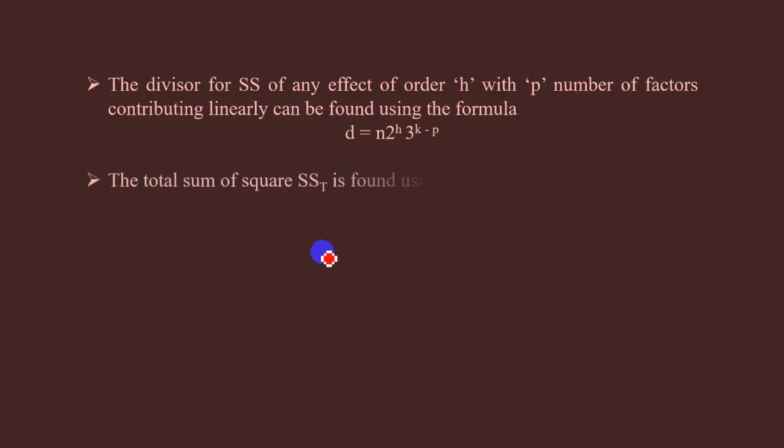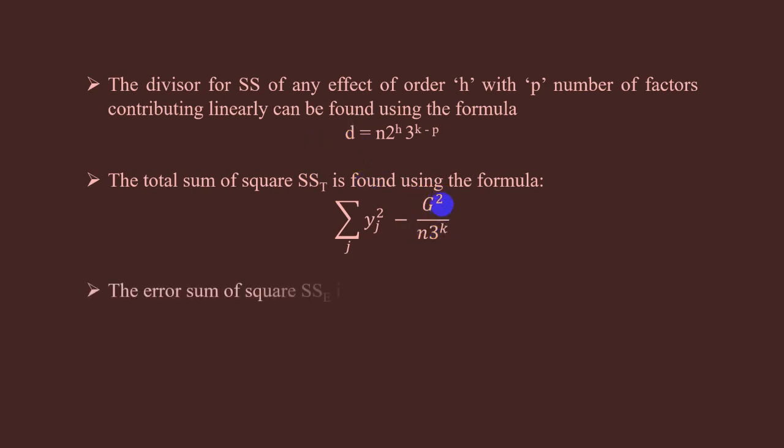The total sum of square is computed as usual using the formula sum of square of all the observations minus the correction factor. Correction factor is the square of grand total divided by total number of observations in the experiment.